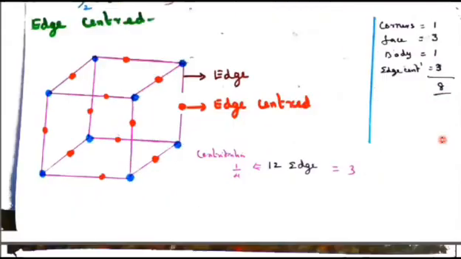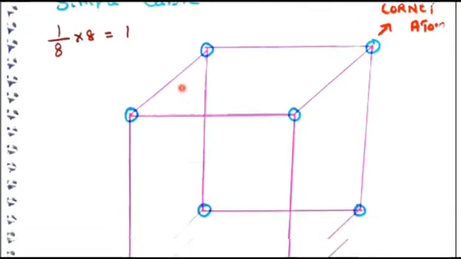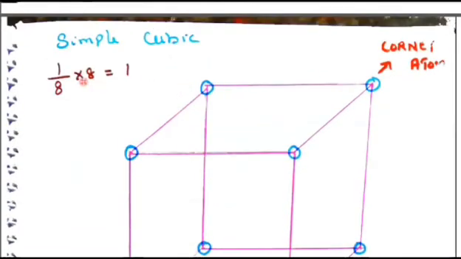In the simple cubic there are 8 corners, and 1 by 8 into 8 equals 1 atom.